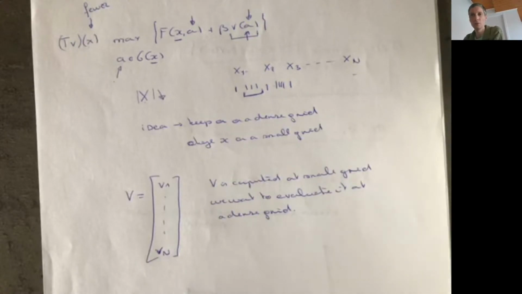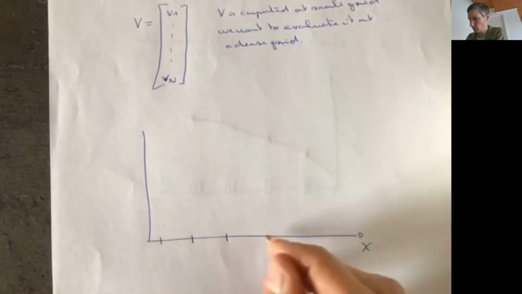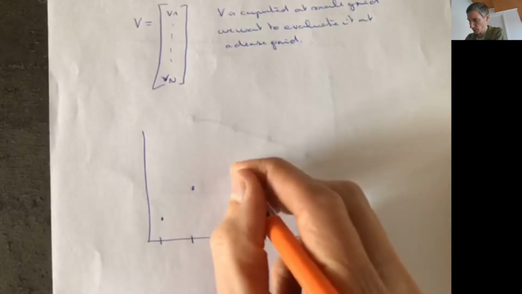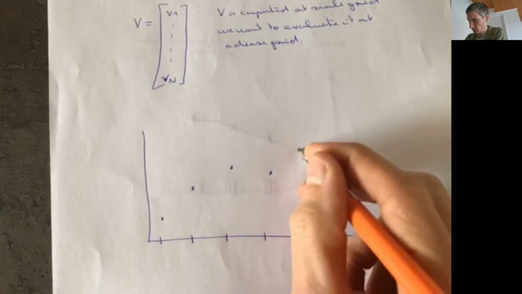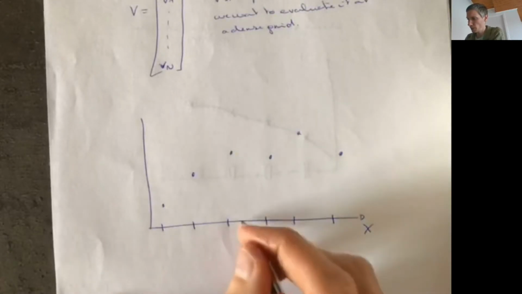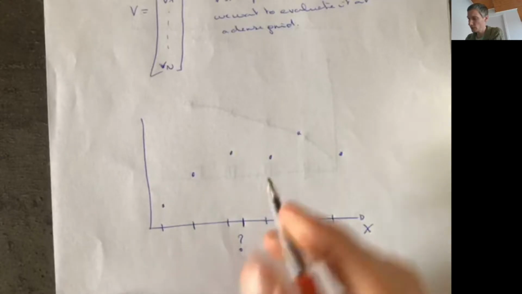Well, for this you can use what we call interpolation. Okay, so the idea is very simple. Here you have your state space, this is your grid. So for example you have this point, this point, this point, and so on. These are the v values that you compute for every x. Now maybe you want to evaluate it at this point, so you have no idea what it is.